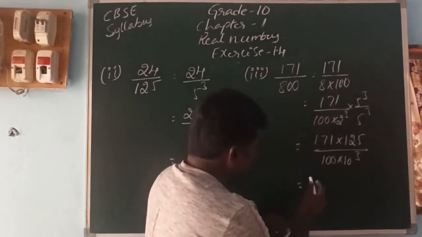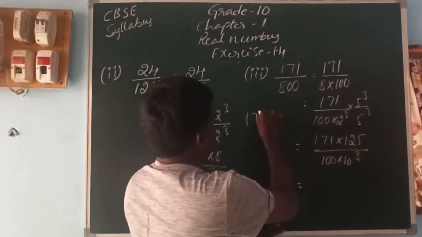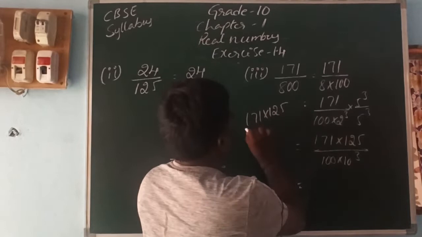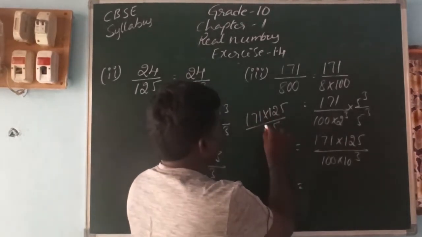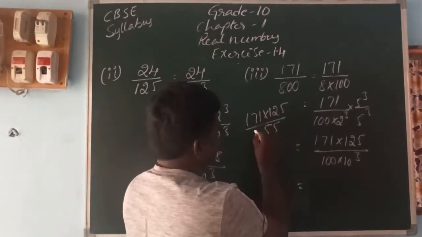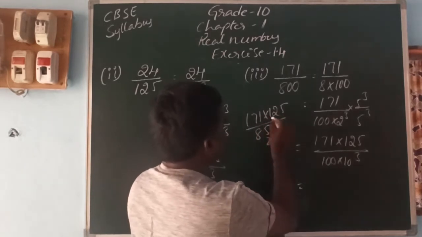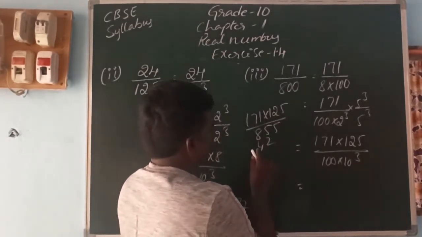So here 171 into 125: 5 times 1 is 5, 5 times 7 is 35, 5 times 1 is 5 plus 3 is 8. Then 2 times 1 is 2, 2 times 7 is 14, 2 times 1 is 2 plus 1 is 3.